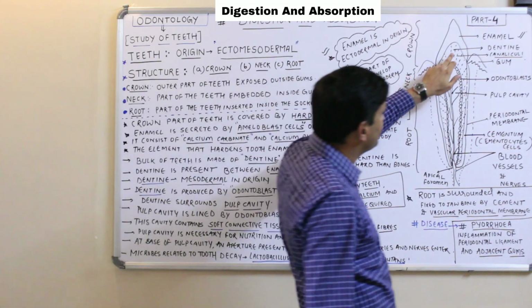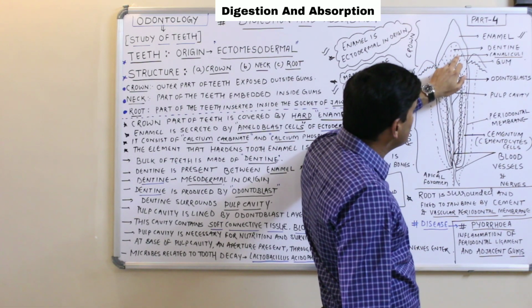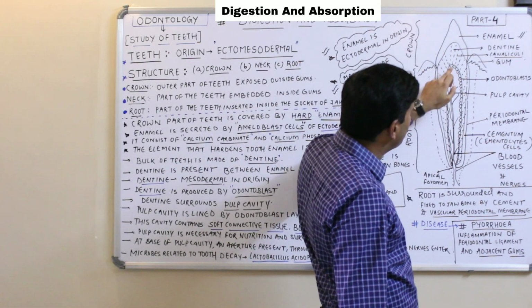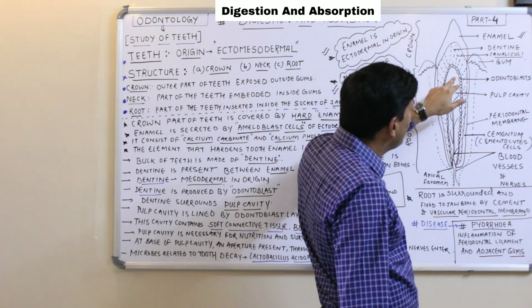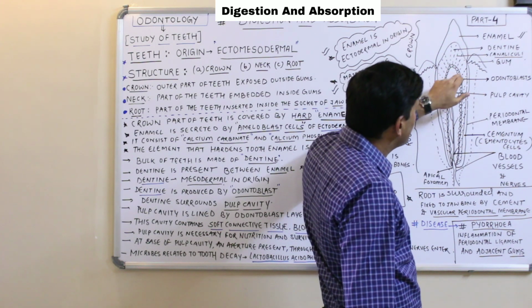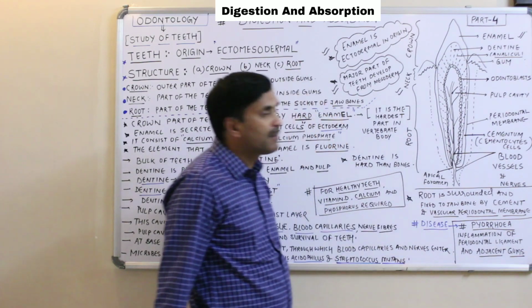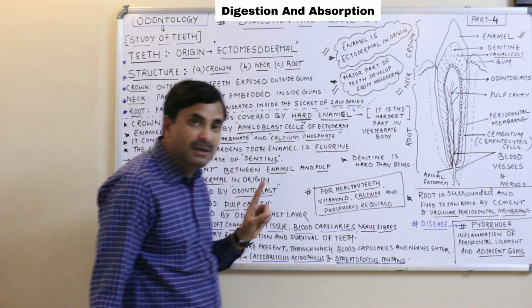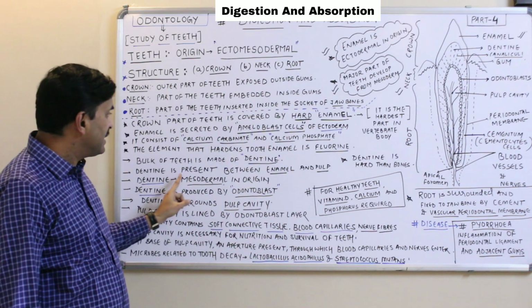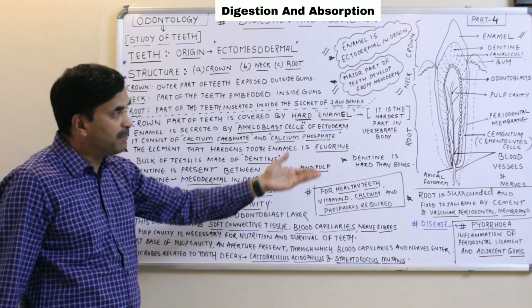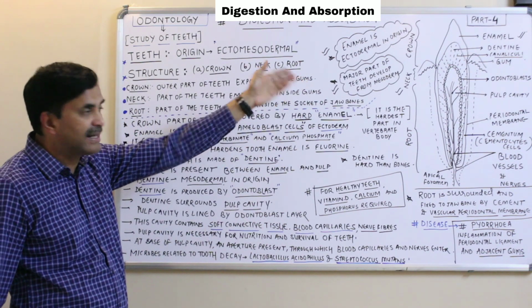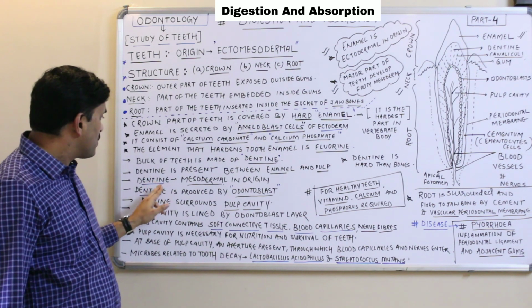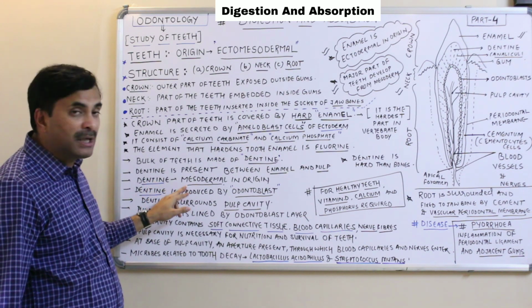This is the dentine. You can say it is found between enamel and pulp cavity, or that the pulp cavity is surrounded from all sides by the dentine. So the bulk of the teeth is made up of dentine, and dentine is present between enamel and pulp, as you can see in the diagram also. Now dentine is mesodermal in origin.